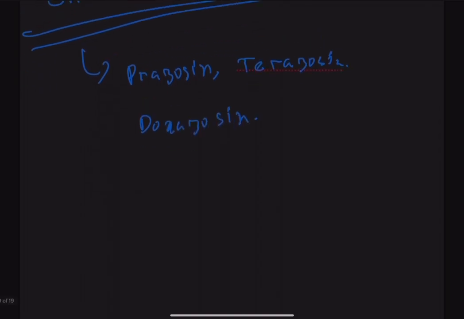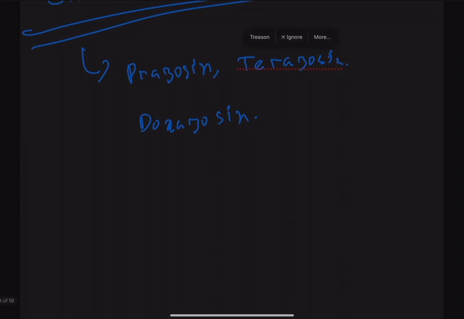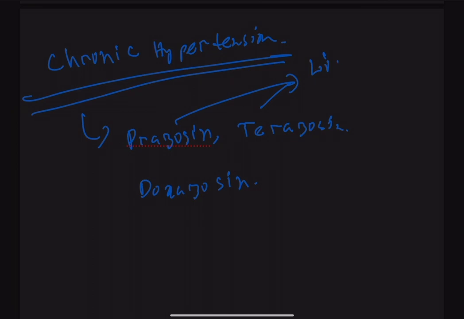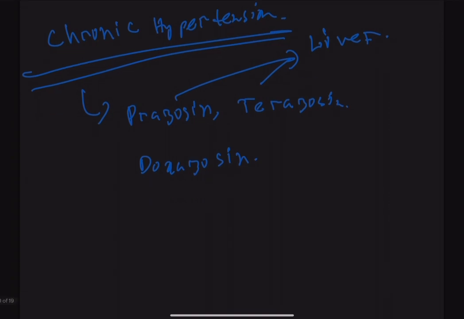Okay. Among them, these two are extensively metabolized by the liver. So, because they are extensively metabolized by the liver, they have the shortest half-lives.